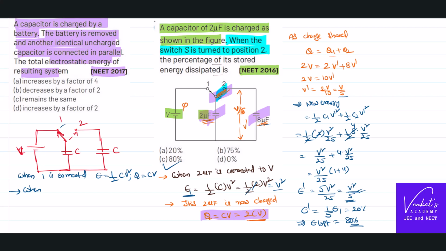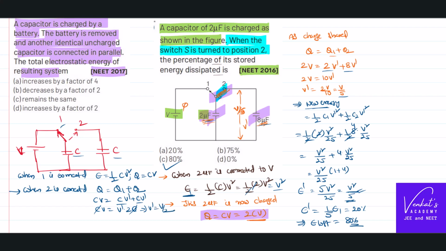Now when 2 is connected like this, in case 2, the charge is shared. Q is Q1 plus Q2. Q is CV, and Q dash is again CV dash plus CV dash. Here I had written 2 and 8 because they were different, but here both are the same. So CV equal to V dash times 2C. C and C will cancel, and V dash becomes V by 2.